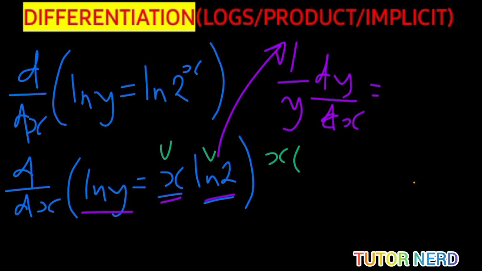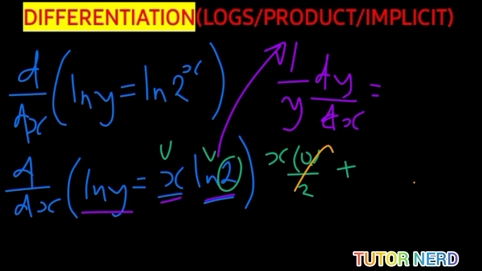This is a log. If we differentiate a log, what do we have? We differentiate the value in between over the same value. Differentiating the constant gives us a 0, so it is 0 over 2. Obviously this is 0, but let's finish it up.